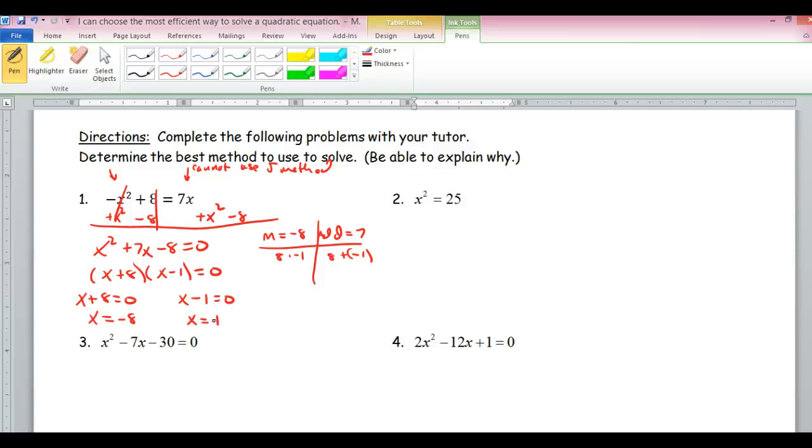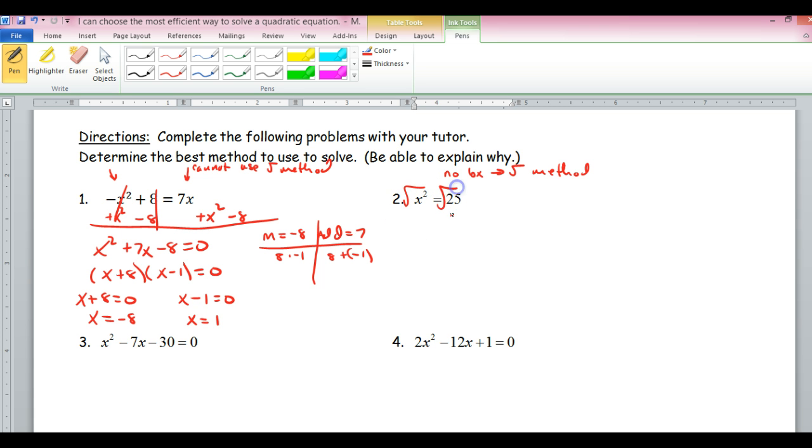Alright, number 2. When I look at x squared equals 25, I know right away that there's no bx term, there's just an x squared term and a constant. If there's no bx term, I'm going to use the square root method. And in the square root method, remember, you don't set it equal to 0. You basically get x squared by itself, which it is already.